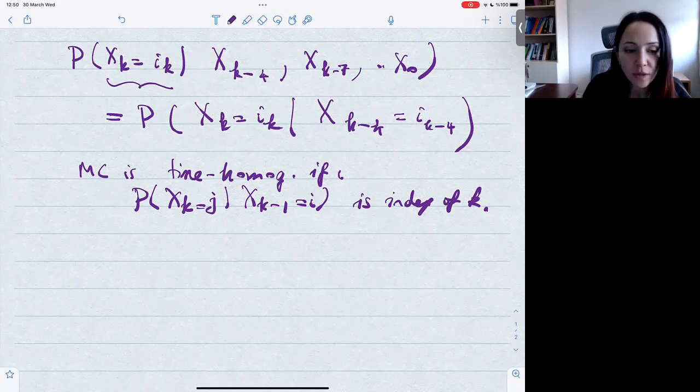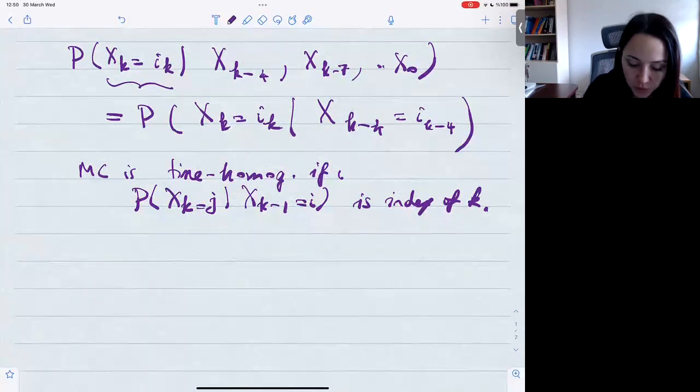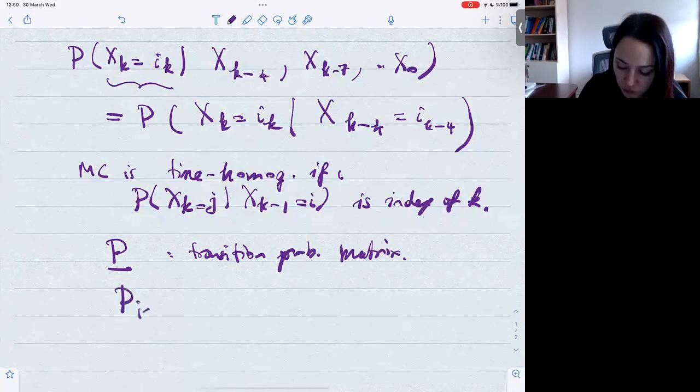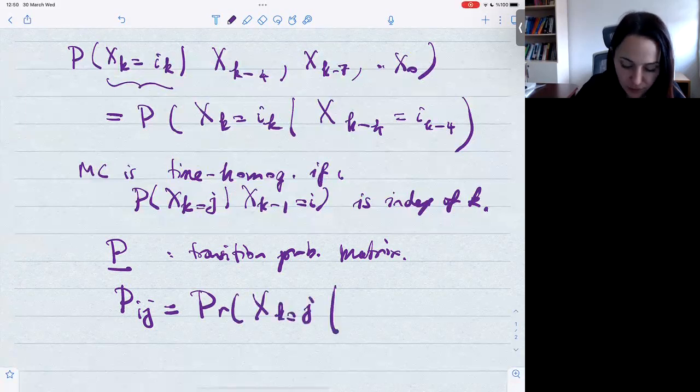Now, the transition probability matrix P is defined as the matrix of entries P_ij, where P_ij is the probability that X sub k is j given X sub k minus 1 is i.